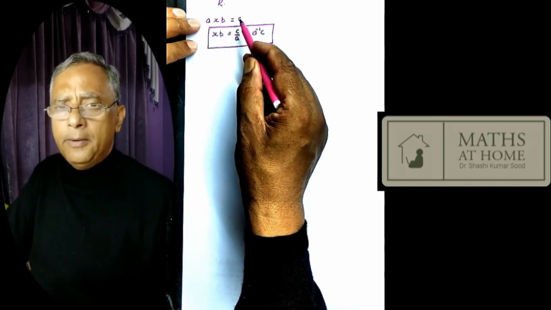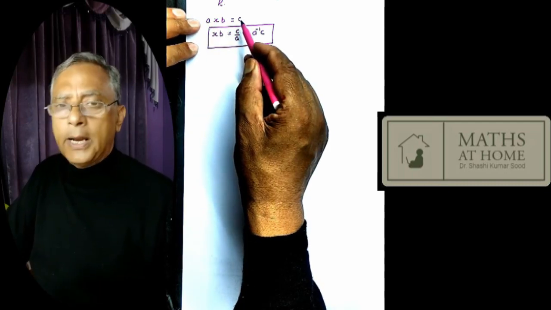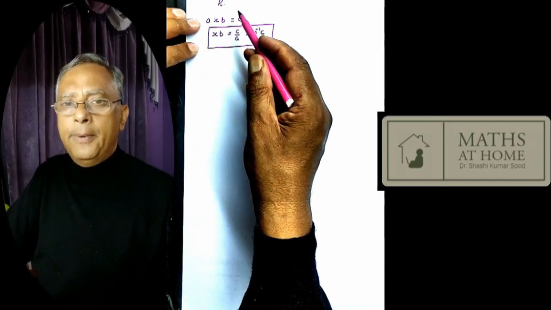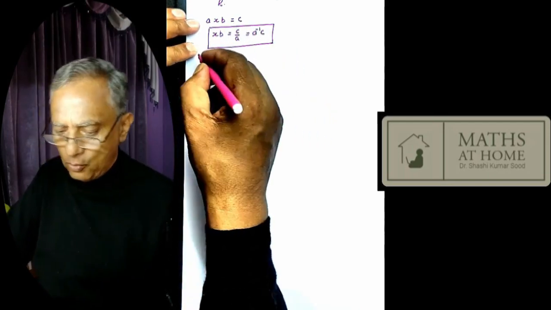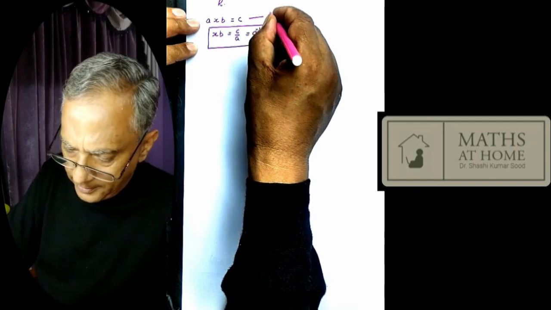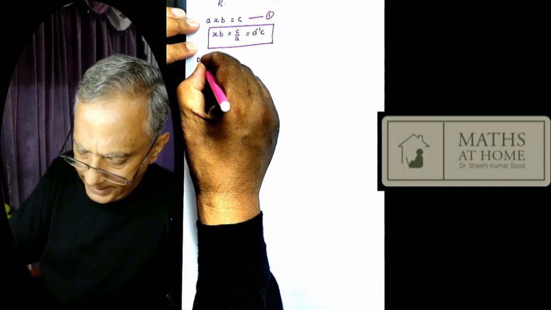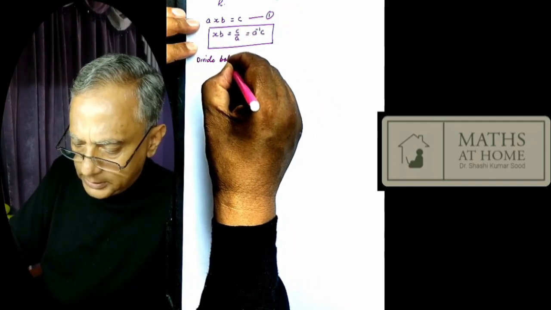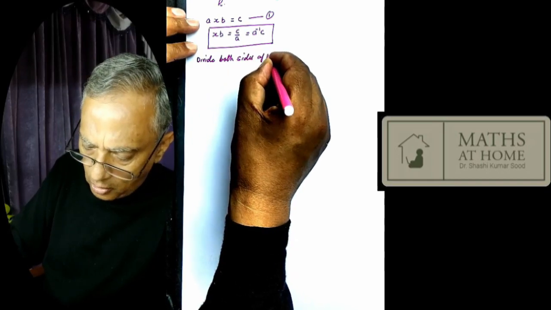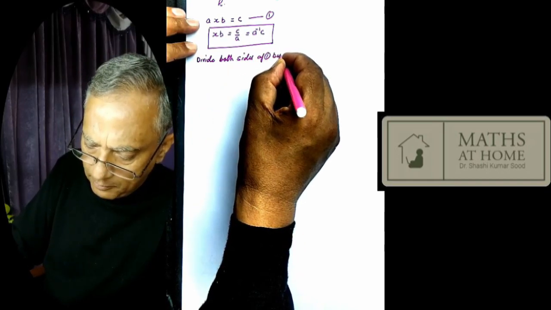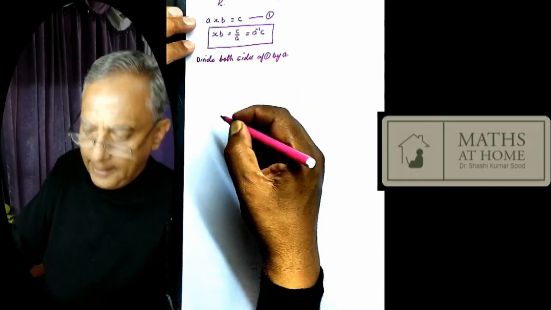But this is not a mathematical operation. What is the mathematical operation involved? The mathematical operation involved is divide both sides of 1 by A.